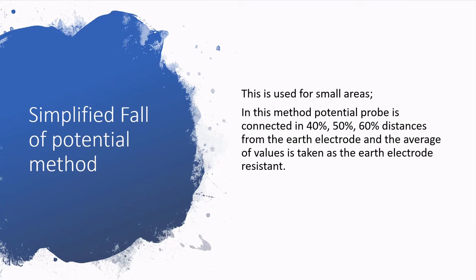In this simplified method, we are going to take 3 measurements at 50% distance and 40% distance and 60% distance, and take the average of all the 3 values, and we will consider that average value as the earth electrode resistance. And this simplified method is used only for very small areas, and the 62% method is used for large areas.